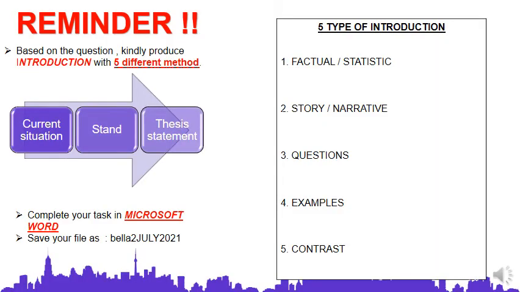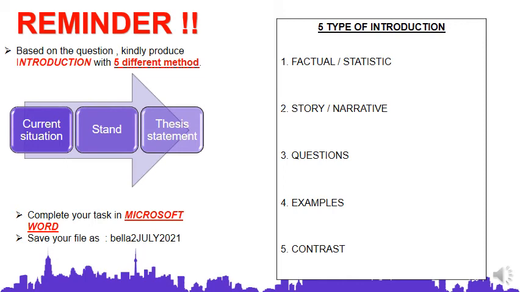Class, for the task for your tutorial, I did not ask you to create a full essay. Remember, we only focus on our paragraph number 1, that is the introduction. Before that, let us go to the reminder first. Based on the question, kindly produce an introduction with 5 different methods.